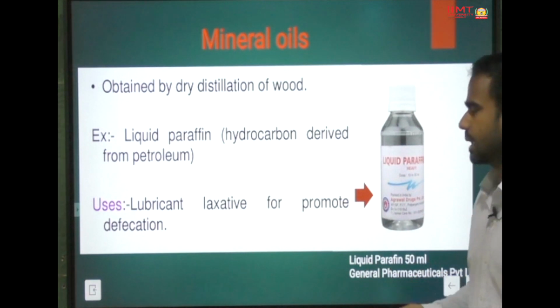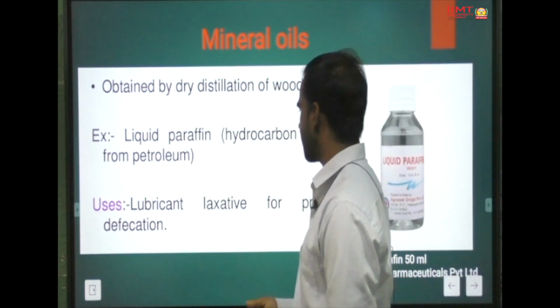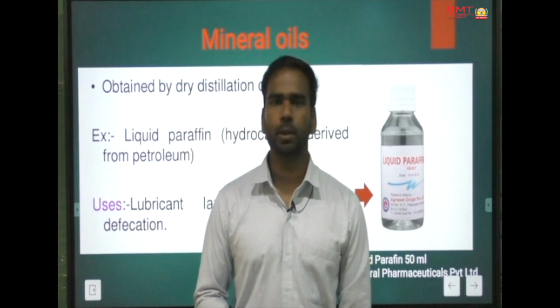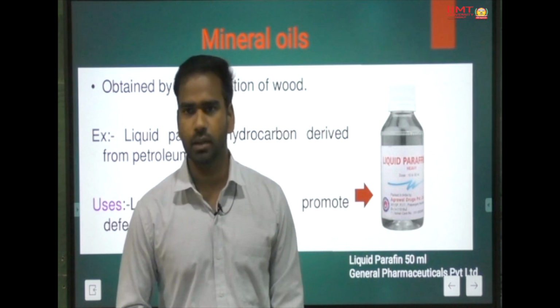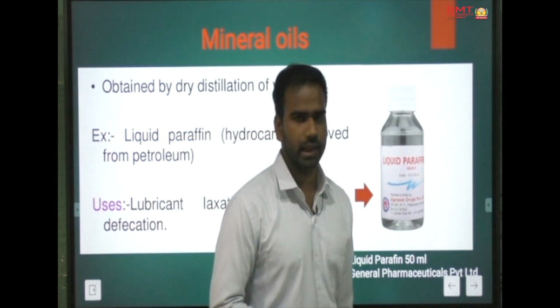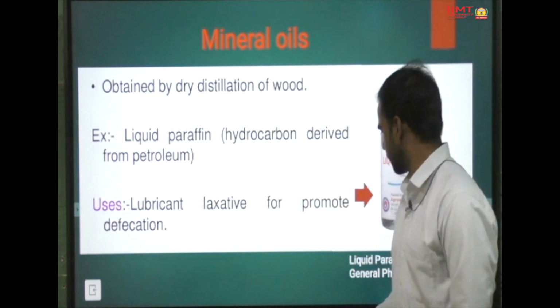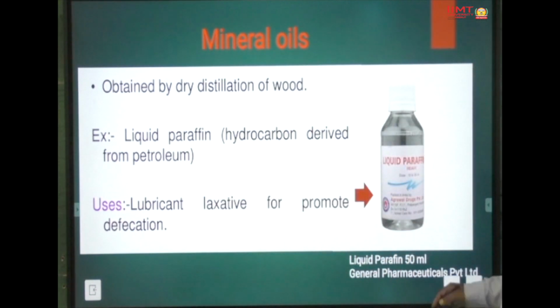These have the property of lubricant, laxative, and are also used for purgative property. If you consume the mineral oil, it has a soothing property on your intestine, large intestine also. This is liquid paraffin in a 50 ml container, marketed by General Pharmaceutical Private Limited.